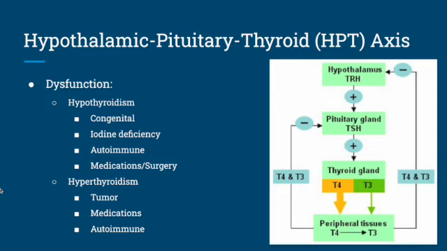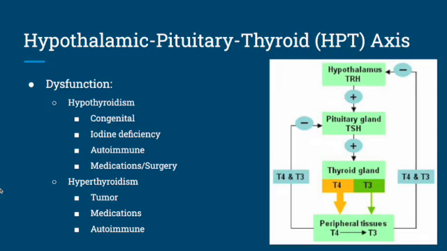And in the peripheral tissues, some of this T4 will get converted to T3, which is the active form of the thyroid hormone, and then some of the T4 and T3 that are then in the bloodstream are going to go back and try to turn down the production of TSH from the pituitary gland and TRH from the hypothalamus. And so this is a nicely regulated system where as the T4 and T3 go up, it should appropriately decrease the amount of stimulation that's coming from up the chain from the hypothalamus and the pituitary gland.